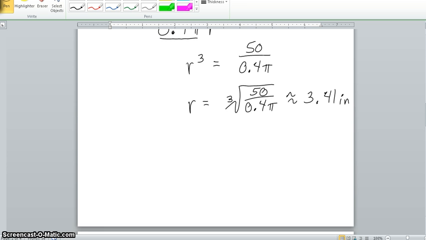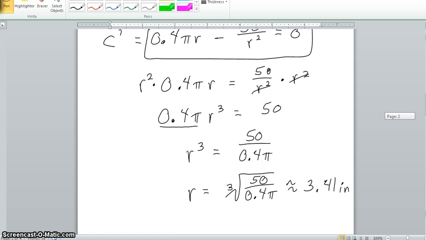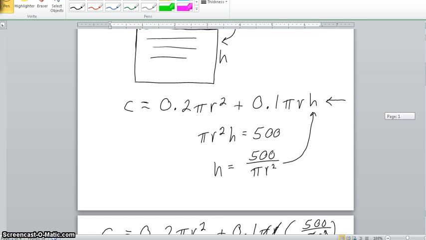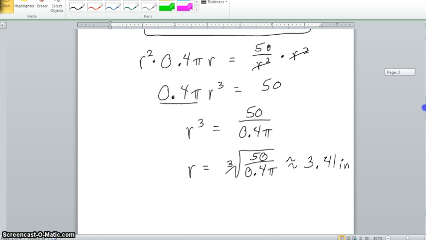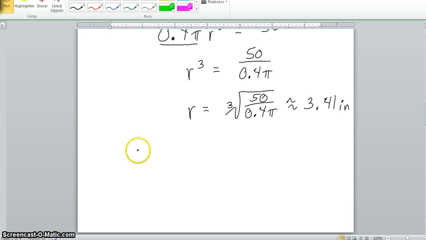Okay, and then to get the height, you would just go back to your equation that we're using for the height, and we would plug in the radius there, so we can plug in our value of 3.41. What was that? Divide by pi r squared.